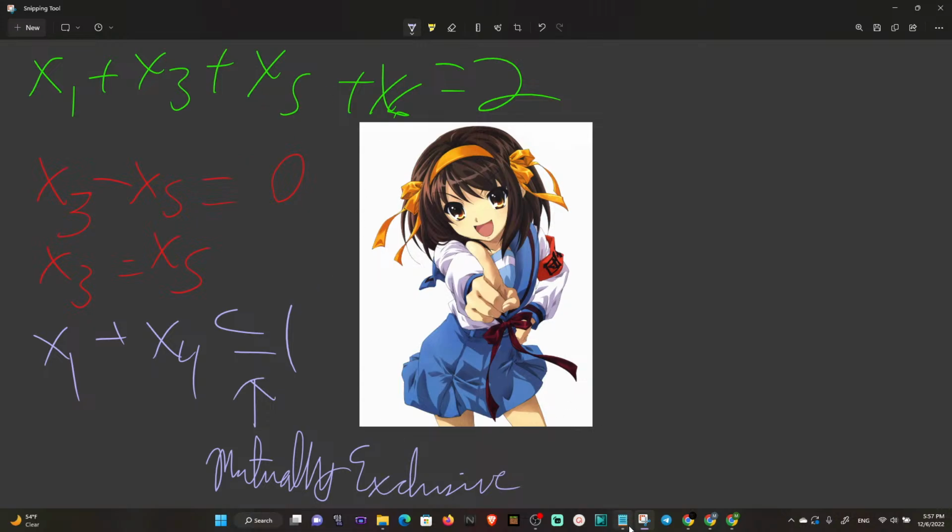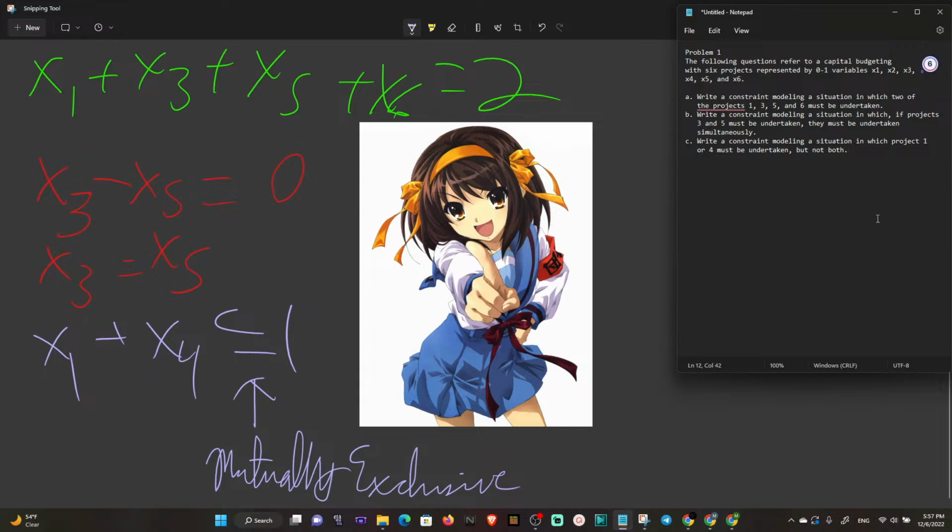And now we gotta go to the next one. Is it always like that, Miguel? If they are less than or equal to 1, they'll automatically be mutually exclusive. If it's 1, yes, and if it's 2 different variables. Okay.